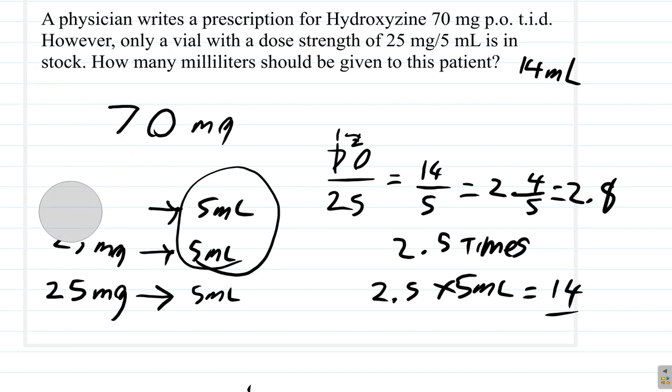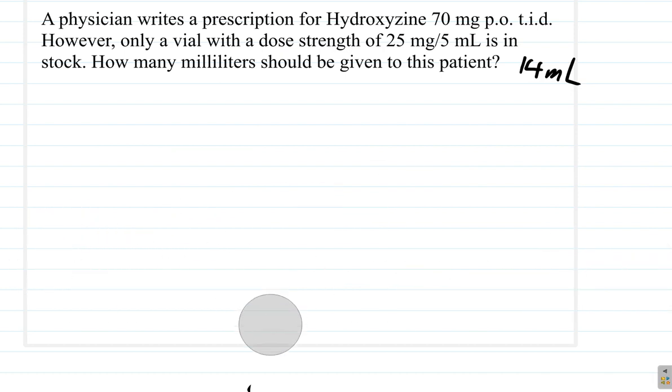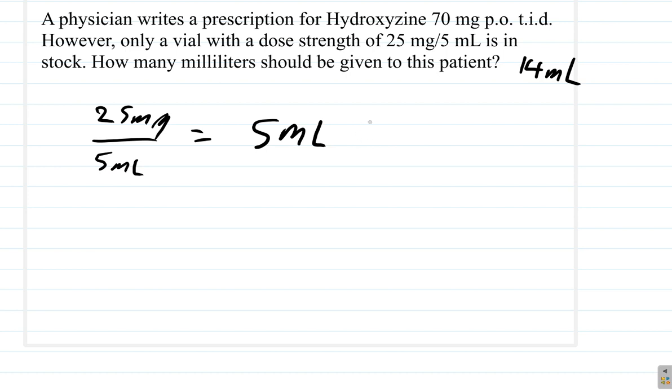Now another thing you could do here in looking at it, you could say, 25 milligrams for every 5 milliliters is the same as, if you divide it out, 5 milligrams per milliliter, per 1 milliliter. Every 1 milliliter gives you 5 milligrams.